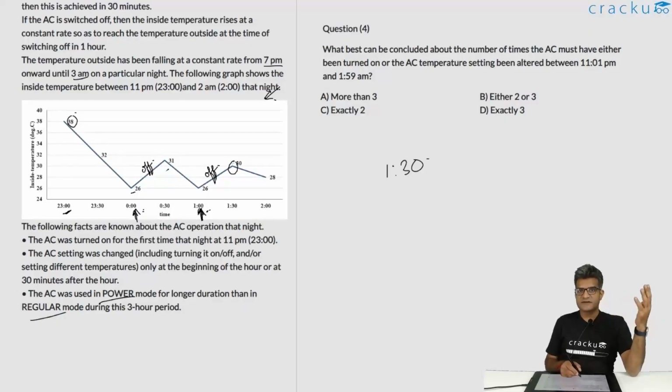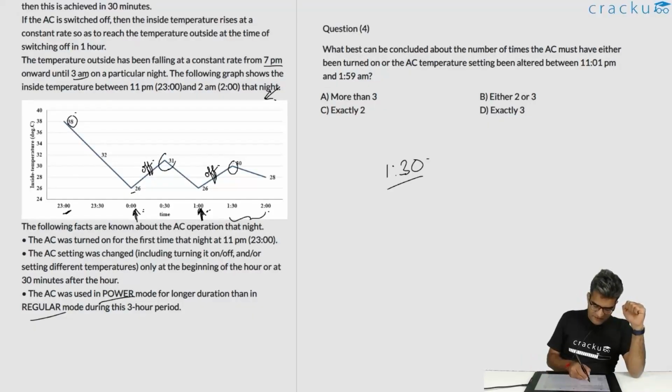Remember that the outside temperature every 1 hour is going down by 2 degrees. Here in half an hour it went down by 2 degrees. So it is not just the outside cooling. Definitely the AC was working.